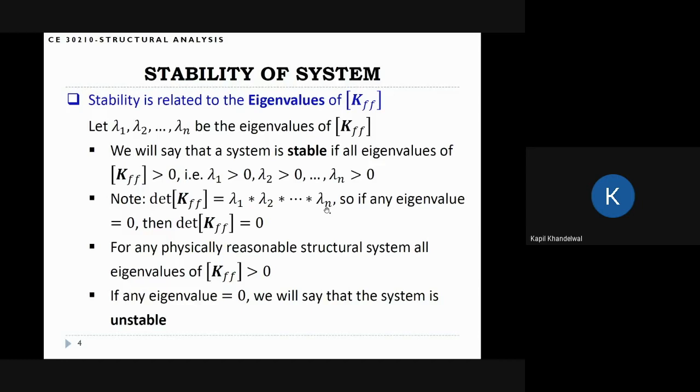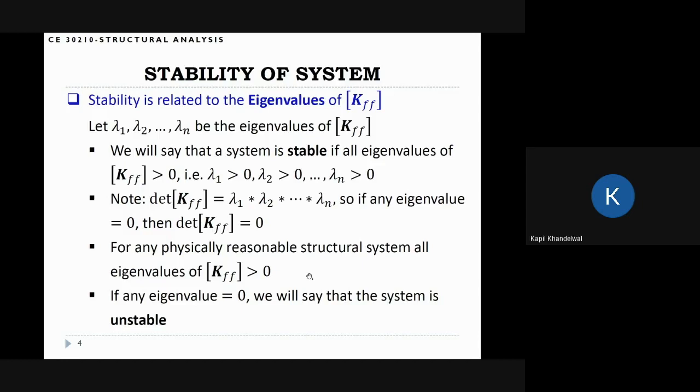So if you think very carefully, if any of the eigenvalues is 0, then the determinant of KFF is 0, and then KFF is not invertible. So you can see that stability is also closely related to the invertibility of KFF. If any of the eigenvalues is 0, the KFF will not be invertible, so you won't be able to calculate anything.